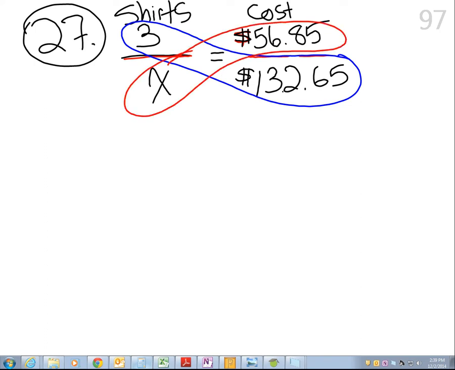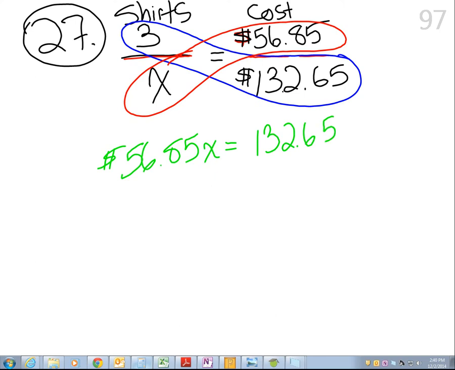So now we're going to have 56.85x equals 132.65 times 3.